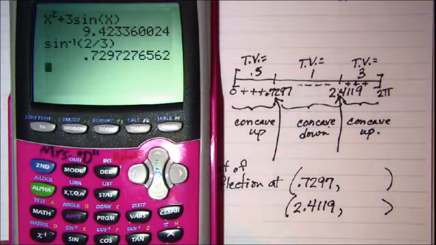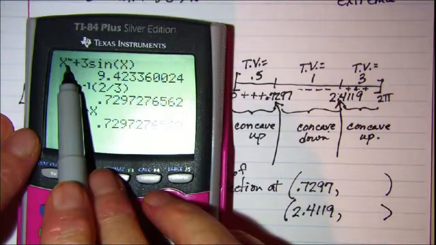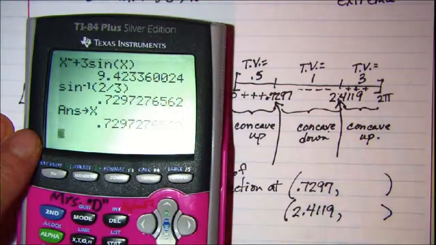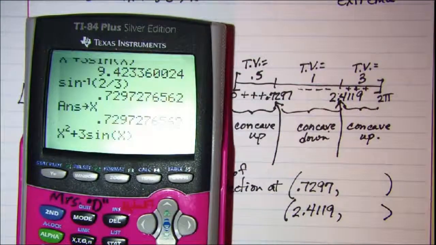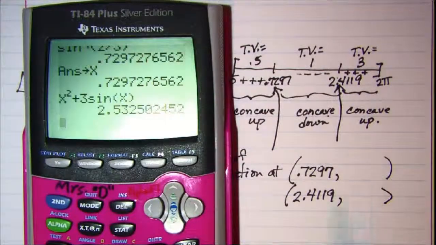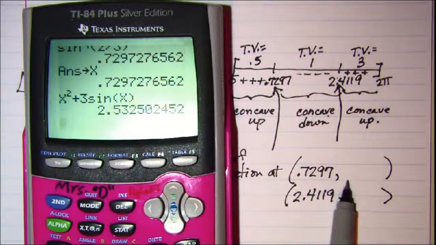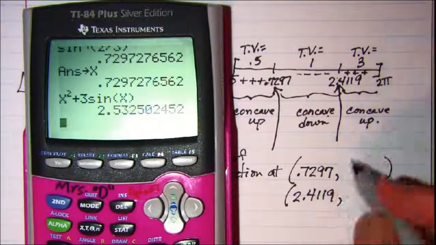Let me store that for x. If I second enter, I'll get the value for this function. There it is. And it looks like my y value when x is 0.7297 is 2.5325.